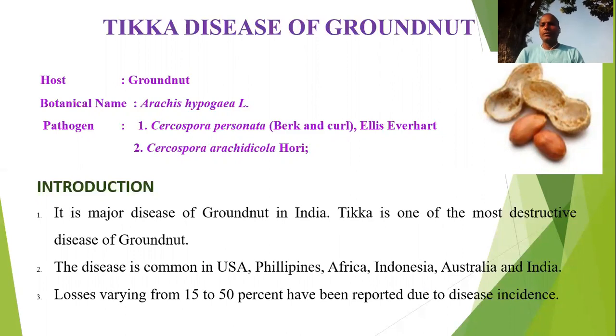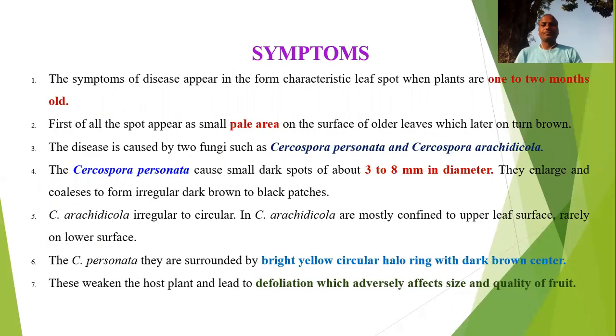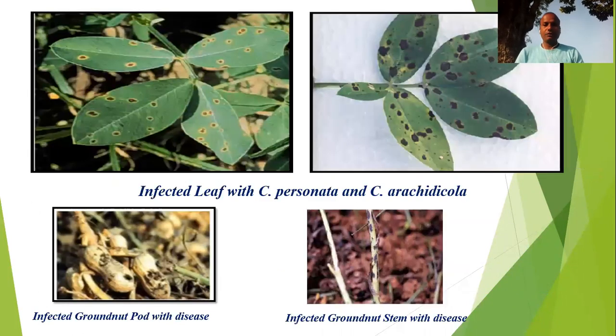When the disease takes place in the field of groundnut, 15 to 50% losses have been reported due to the disease incidence. It means 15 to 50% losses in the agricultural fields. You can see the symptoms here, dear students.